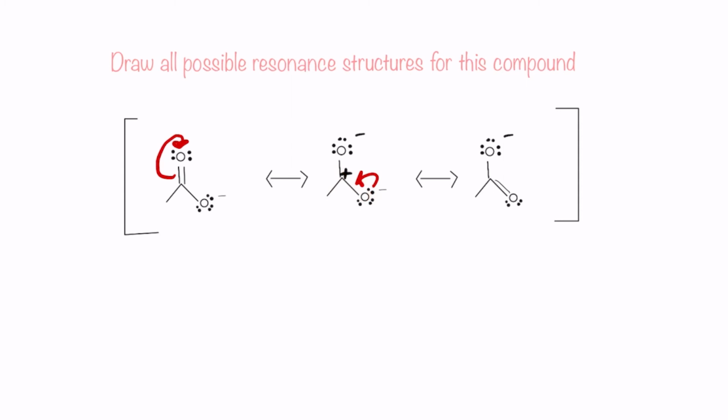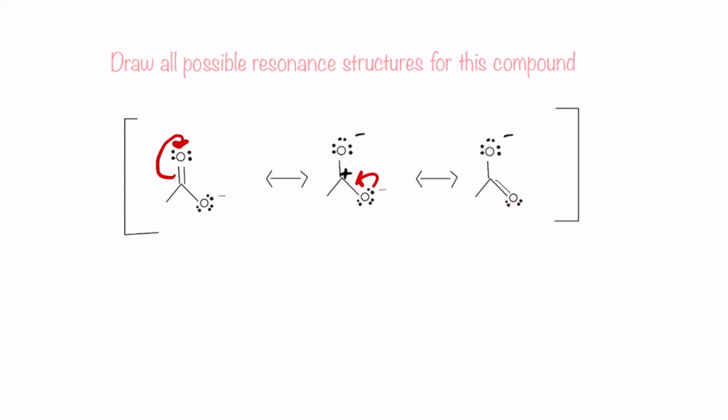So where this carbon originally had 3 bonds and was a carbocation, now it actually has 4. And so what does that mean? This carbon is happy because it has 4 bonds, and so it is neutral. And what about this oxygen atom? It originally had 3 lone pairs, but it used one of its lone pairs to form that new bond. And so now it only has 2 lone pairs.